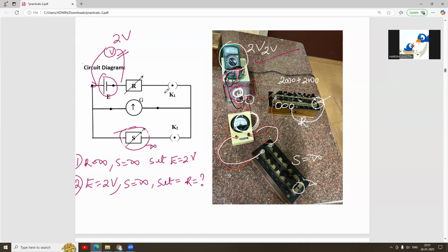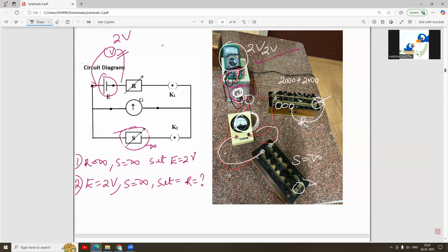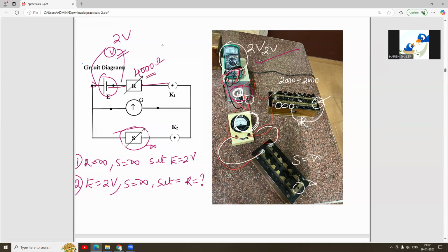Why? As soon as you plug R with some resistance, say 4000 ohm, now it is not infinity. So now it is connected to the circuit with a high resistance, but current can flow. A small amount of current can flow in this path. But no current can flow in this path because this is open. This is still infinity.